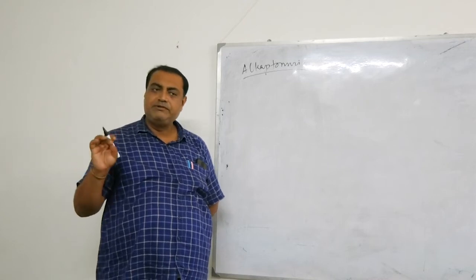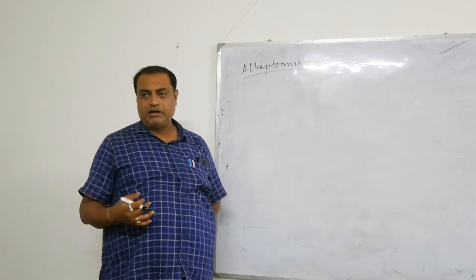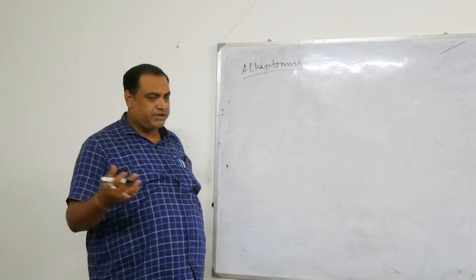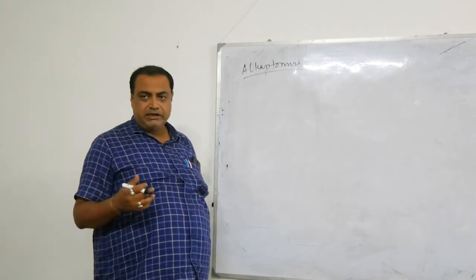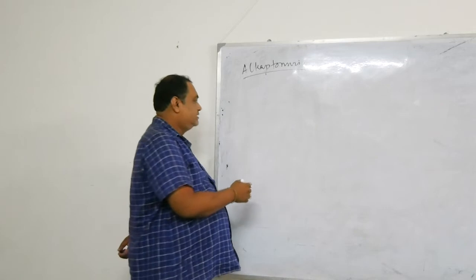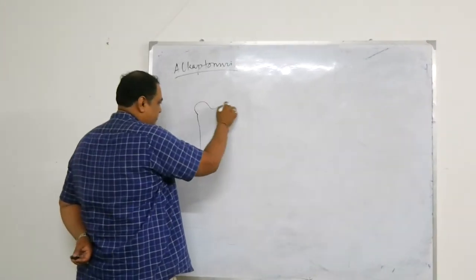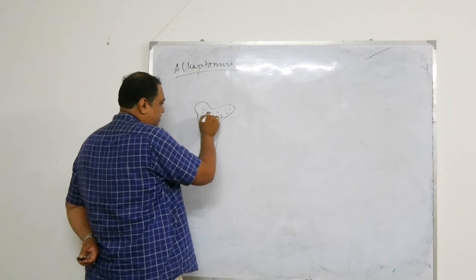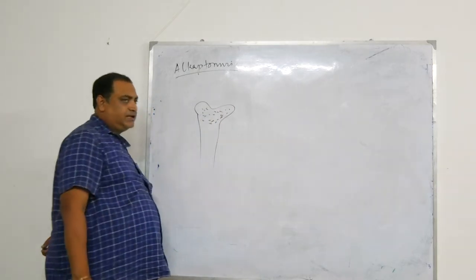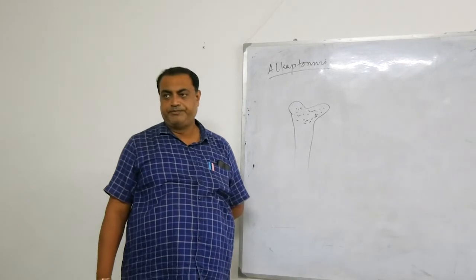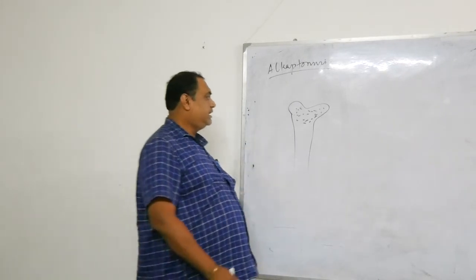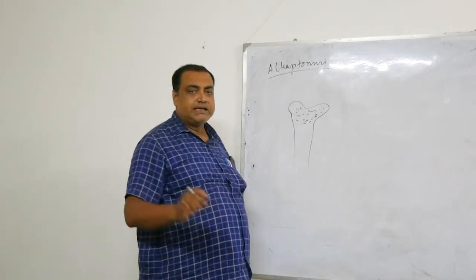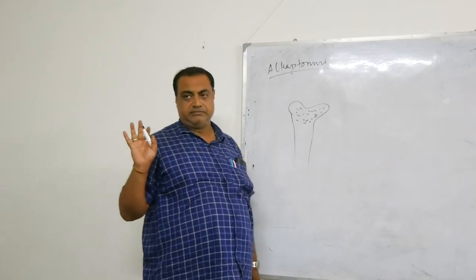What changes will take place? In the long run, if untreated, these deposits will be seen in the epiphysis of the long bones. This particular case can be visualized by X-ray, radiological examination.